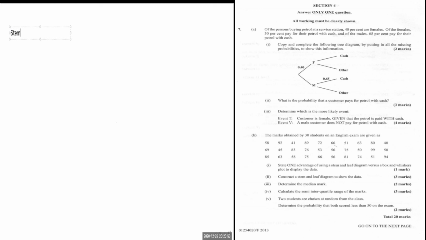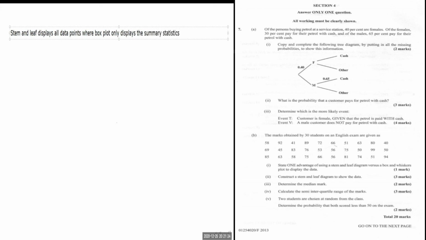The stem and leaf displays all data points, where the box and whisker or box plot only displays the summary statistics.